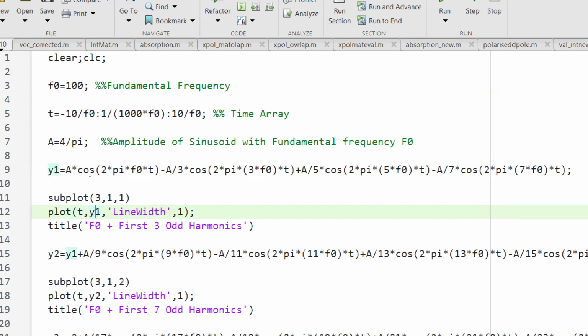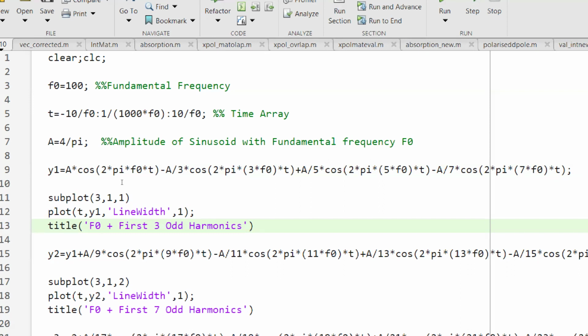You can choose the line width parameter to make the lines thicker so that the visibility is clearer. Here I have taken the line width equal to 1, and given the title saying that I have taken the fundamental frequency plus the first three odd harmonics. This plot I will show you while executing the code.